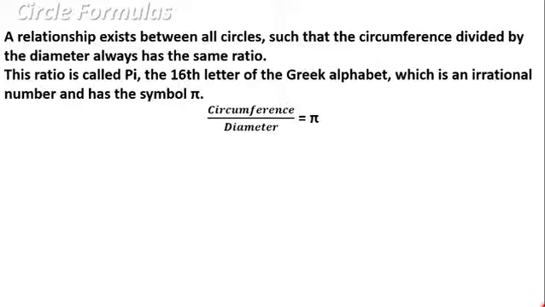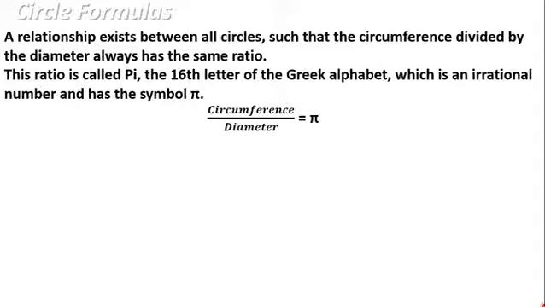So every time that you divide the circumference of a circle by the diameter of the circle, you get exactly the same ratio, and this ratio is what is called pi. I'm sure you know that number. Pi is the 16th letter of the Greek alphabet, and it is an irrational number, and the symbol is what you have on your screen.